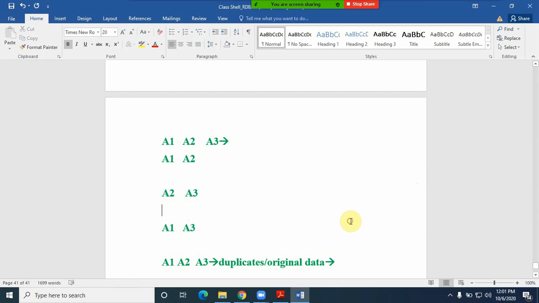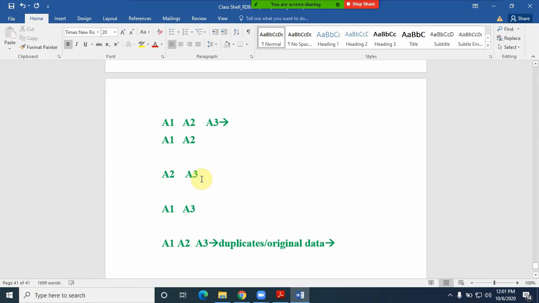I am selecting the corresponding attributes out of the existing n attributes. I am projecting A1, A2 at one time, A2, A3 at another time, and A1, A3 at another time. But after some time, if I combine these things, I should not generate duplicates, and I should be in a position to generate the original data without any loss.